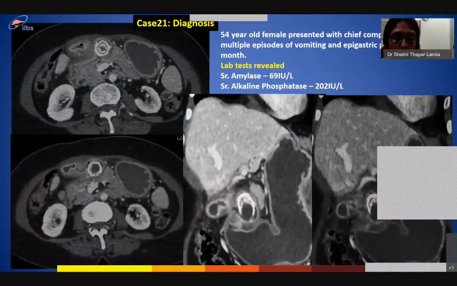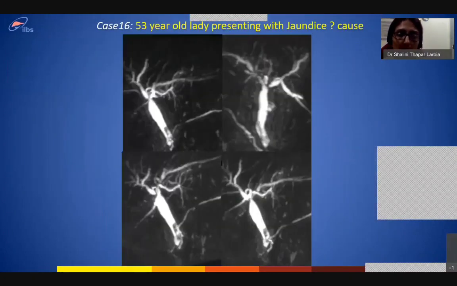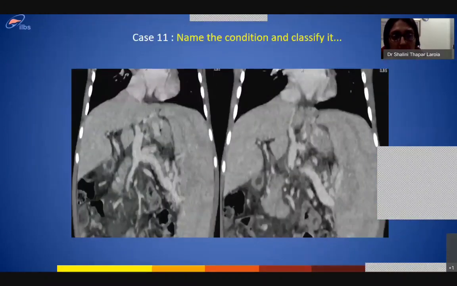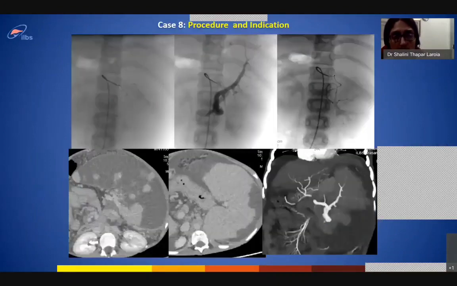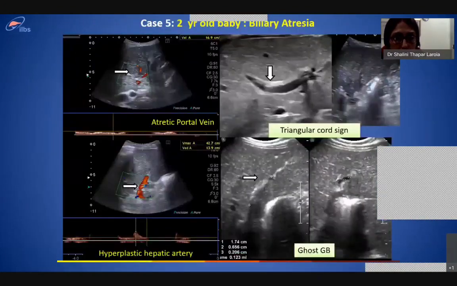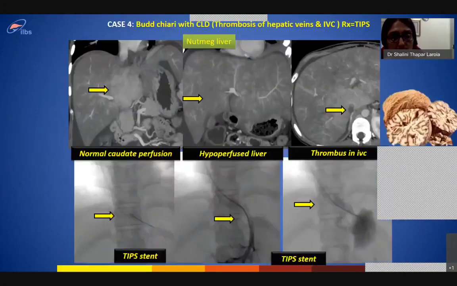So the DIPS procedure is most often done in pediatric patients, and most of the indications are the same as I've shown you in TIPS, and most of them are for Budd-Chiari or extrahepatic portal vein obstruction situations. You can read about this further. This was not part of my slides, but yes, DIPS is just an extension of TIPS. Instead of going through the transjugular route, you go directly. More often done in pediatric patients.